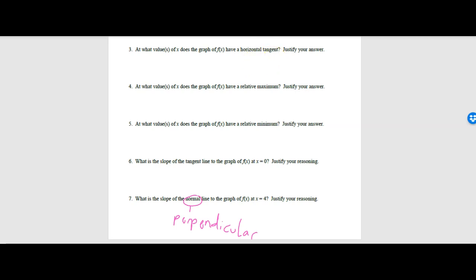All right, let's go back up to our graph. So the slope of the original function at x equals 4, well, we need to look at the value of the derivative. So when x is equal to 4, the tangent line slope is equal to -2, right?